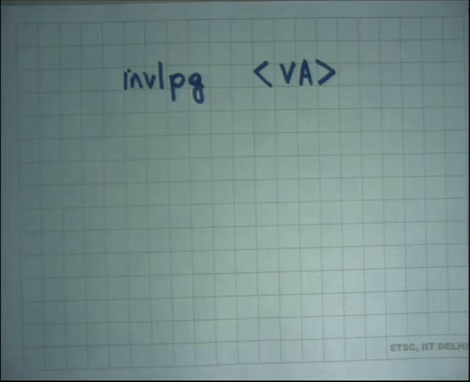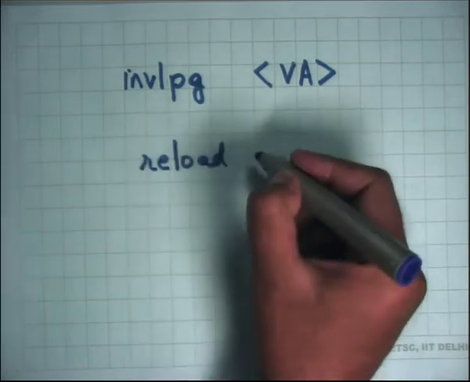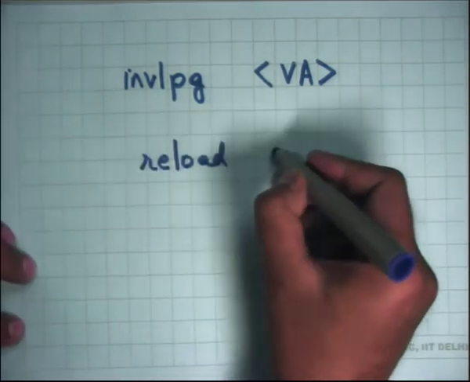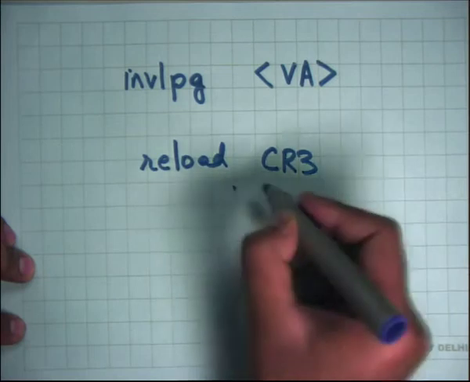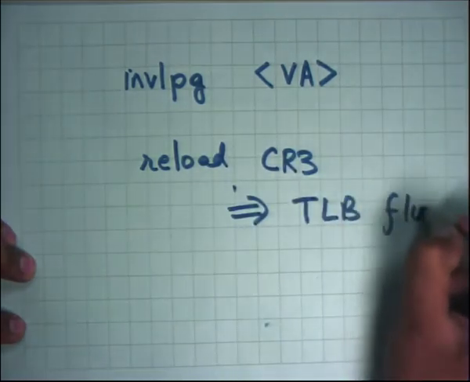Also, each time you do a context switch, you change CR3, right? So what should happen to the TLB? The entire address space has changed, right? So you should completely flush the TLB, right? So reload of CR3 implies TLB flush, right?